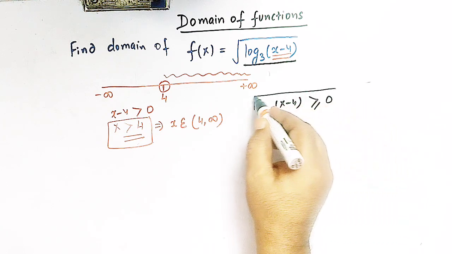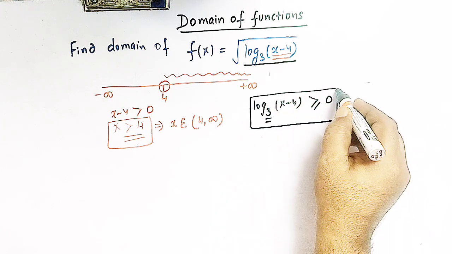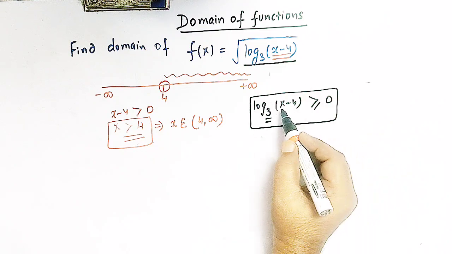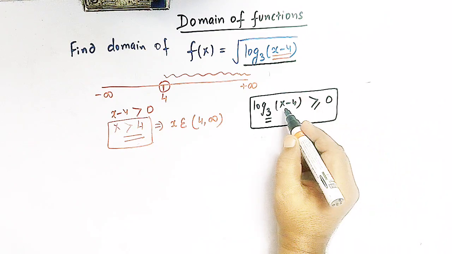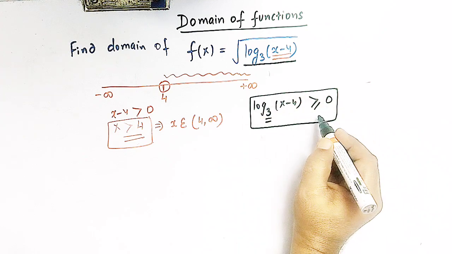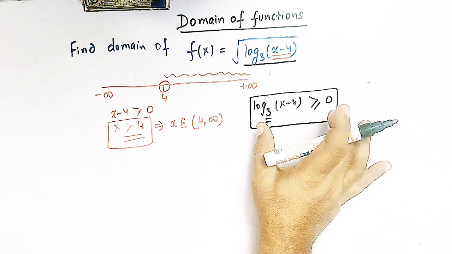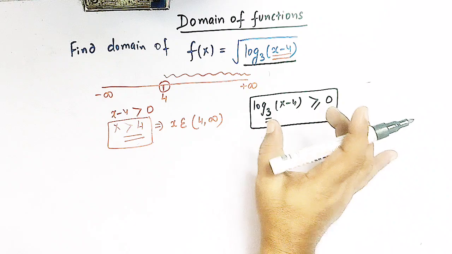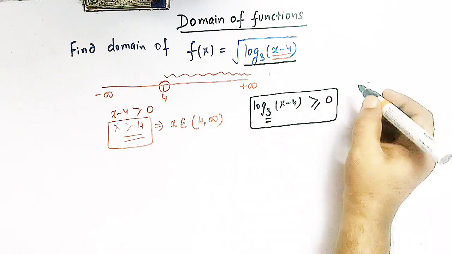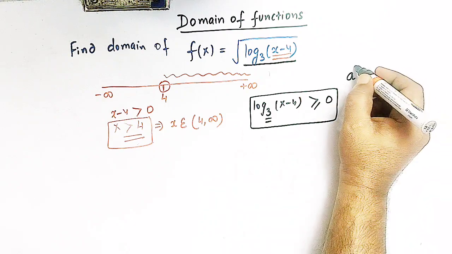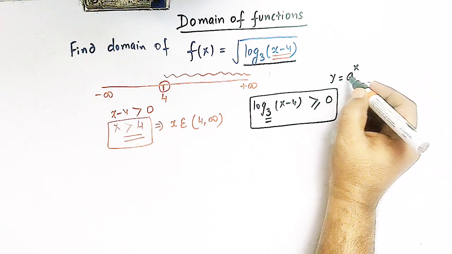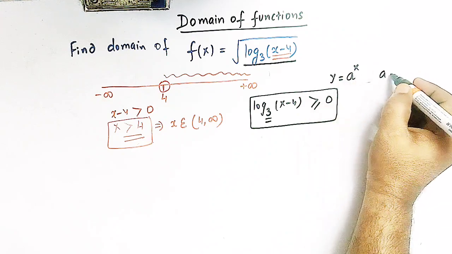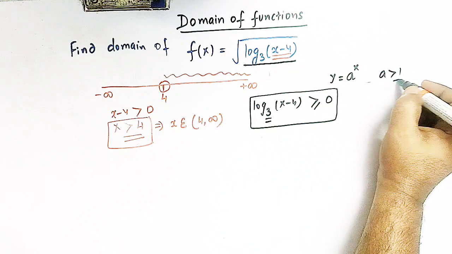Okay, so now we have to solve this inequality, right? We have to find all the values of x which make this inequality valid. In order to solve this inequality, we'll make use of the property of the general exponential function, that is y is equal to a raised to x, where a is greater than 1.